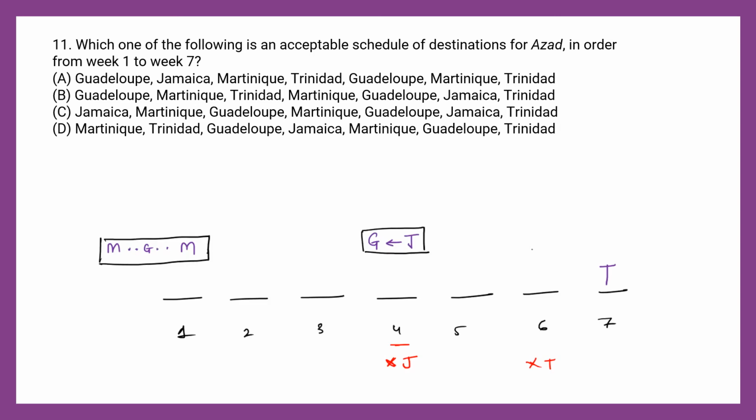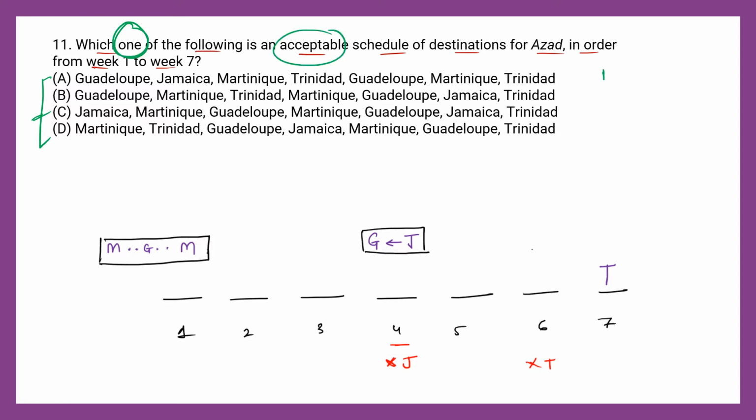It says, which one of the following is an acceptable schedule of destinations for A in order from week 1 to week 7? Now, what that tells you is that you have 4 options here, okay? And only one of them is acceptable.